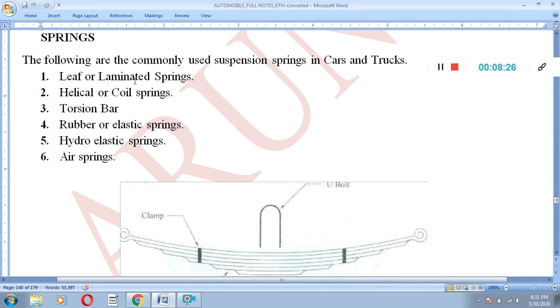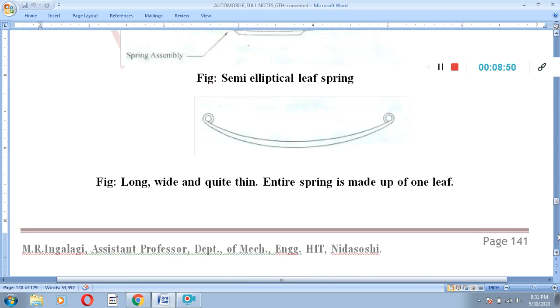First is the leaf spring or laminated spring, then the helical or coil spring, torsion bar, rubber elastic spring, hydroelastic spring, and air spring. Here the very important types of springs are leaf spring, coil spring, torsion spring, and air spring. One by one we will discuss those.